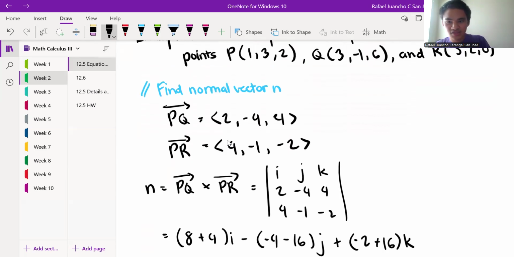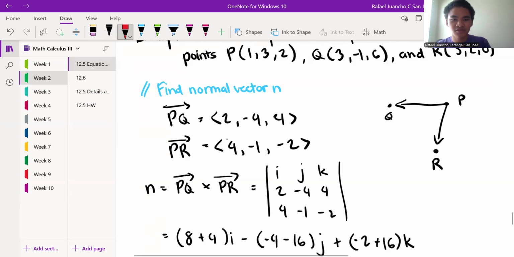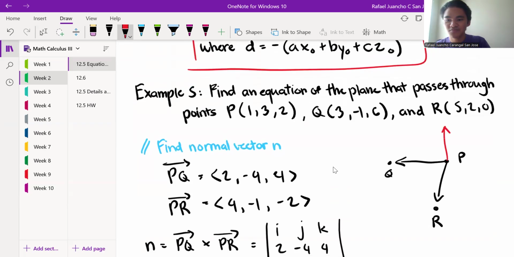So if we want to visualize this, let's say this is P, I go to Q, here's another one, I go to R. Now, what's the perpendicular or the normal vector? That's going to be this thing right here, goes up.